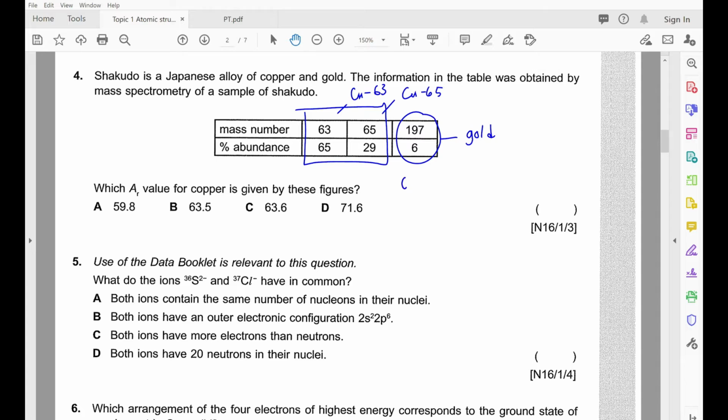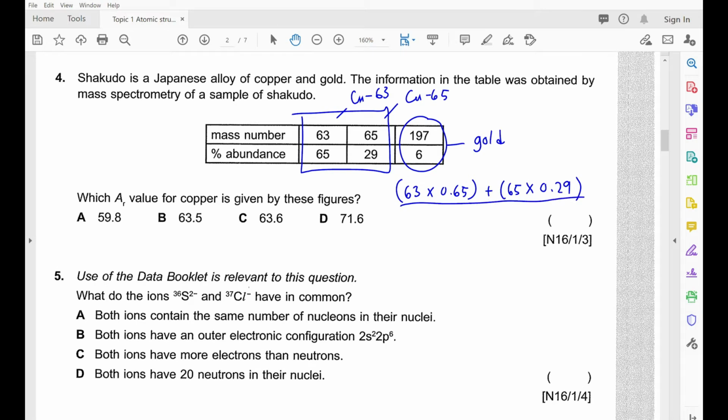So here we have 63 times 65%, which is 0.65, plus 65 times 29%, or 0.29, divided by 0.65 plus 0.29. And that's because the total abundance of copper here is not out of 100. So the answer is C.